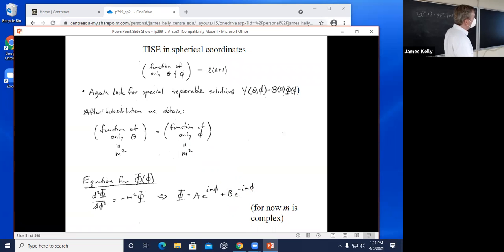So we think of these as oscillating solutions, but if m is purely imaginary, then this is an exponentially growing function. If m is some complex number, it oscillates, but also increases or decreases its amplitude exponentially as you move along in phi. Okay, so that's our starting solution.